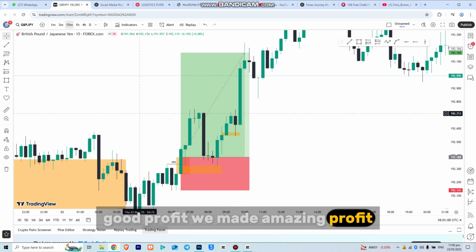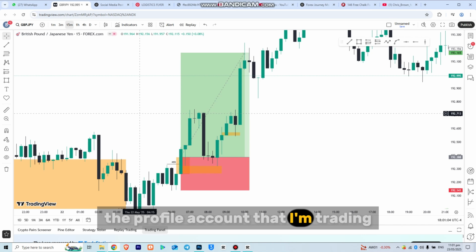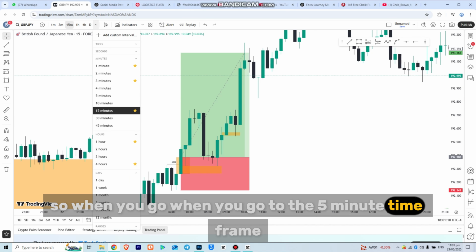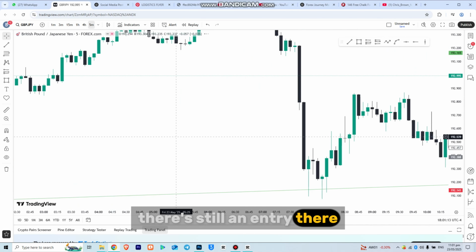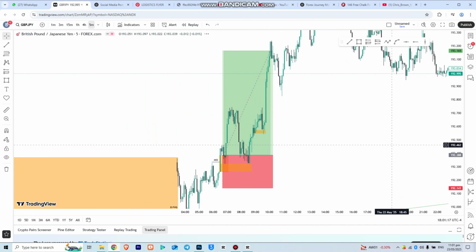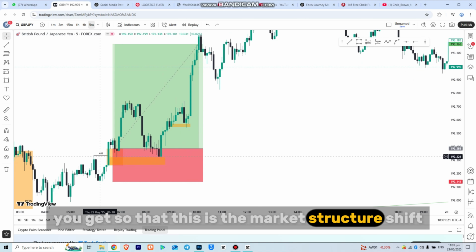That is a pretty good profit. We made amazing profit across multiple accounts that I'm trading, the Profem account and the Prefer account. When you go to the 5-minute time frame, there is still an entry there. It's still the same thing. This is the market structure shift.